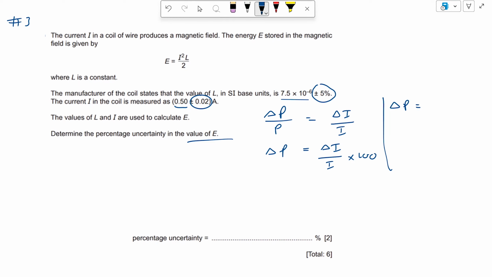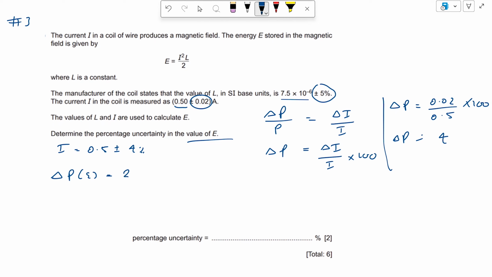Delta P is equal to 0.2 over 0.5 times 100, which gives us delta P is equal to 4. So your percentage uncertainty for I is 4. I is equal to 0.5 plus minus 4%.